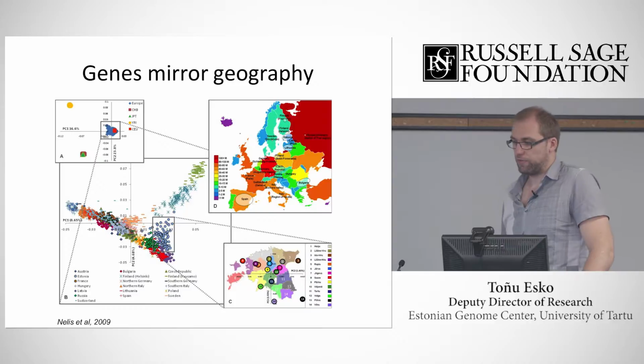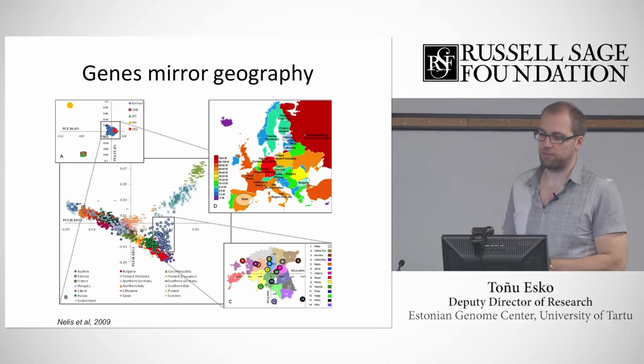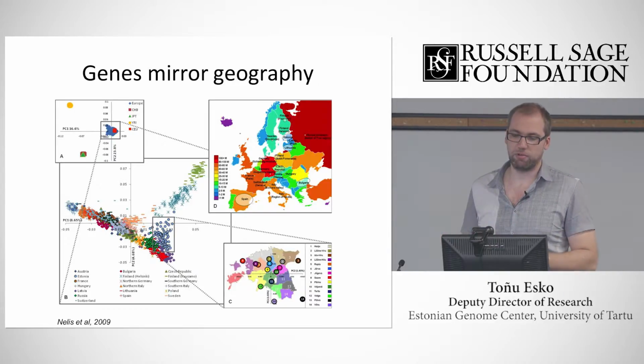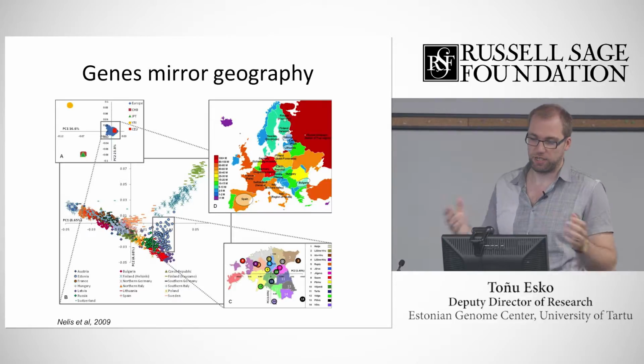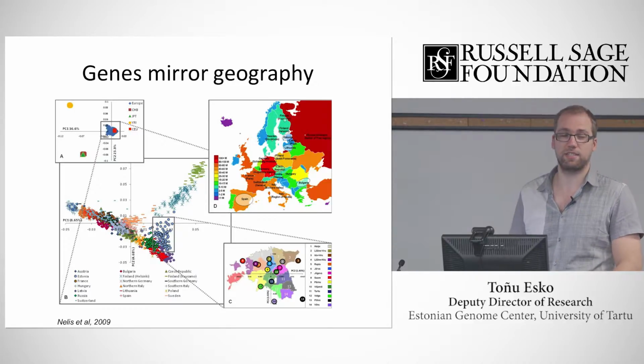So if we take this genetic information, let's say for every individual we have a couple of hundred or thousand genetic variants assessed, and we have a wide set of different populations. Can we predict your nationality based on your genetic makeup?